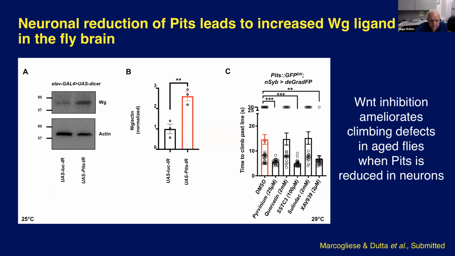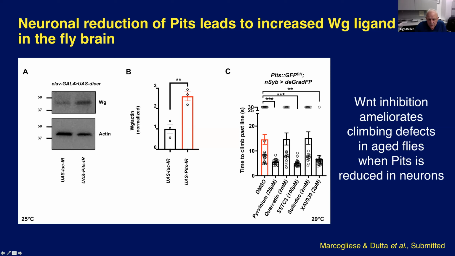Now, one of the interesting features was that we discovered that when you knock down the protein in the neurons using an RNAi, there is an upregulation of wingless. This upregulation of wingless is about 2.5-fold. Interestingly, when Paul and Debdeep started studying drugs that are used in cancer to reduce wingless signaling, they noticed a very nice suppression of the climbing defect observed in these flies.